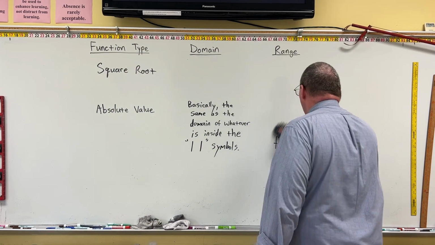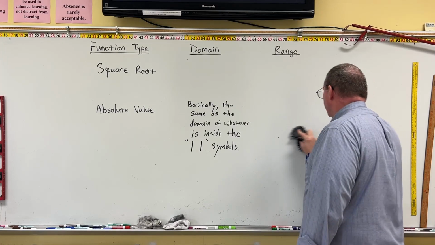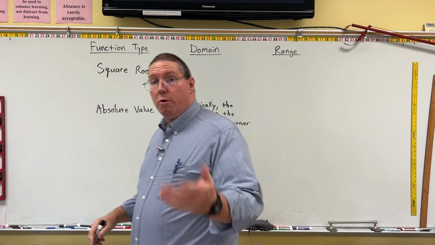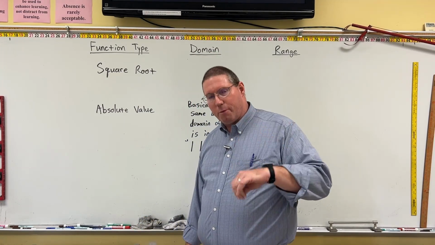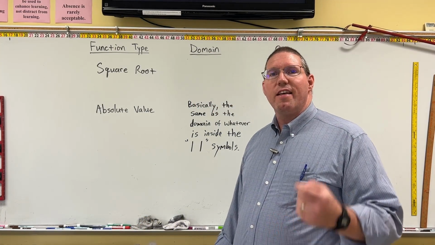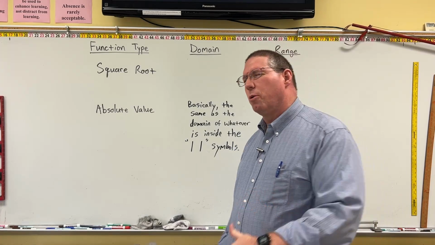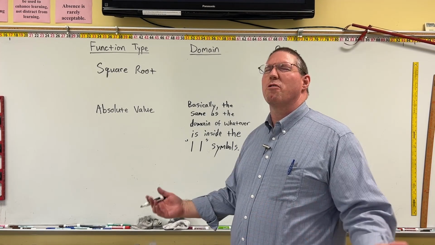But let's talk about the range of an absolute value function. We know that absolute values, and this is rule number 3, remember math rule number 3 that we said in the introduction video, is that absolute values never result in negative numbers. I think I said always result in positive numbers, but there's also 0.